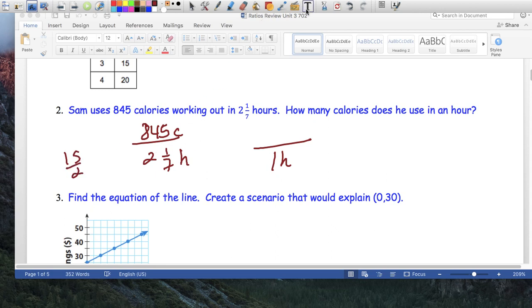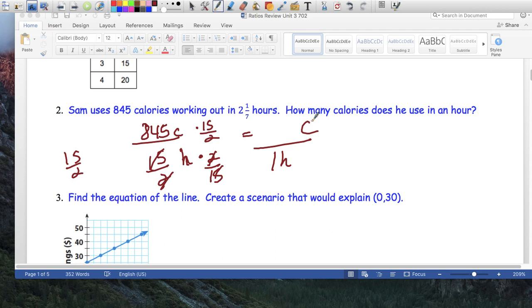So I am going to rewrite this as 15 over 2 hours, and then I'm going to multiply by the reciprocal, which is 2 over 15, and therefore that's how I get my unit rate of 1. And on top, I'm going to divide 845 by 15 over 2 again, and you can leave it as a fraction.